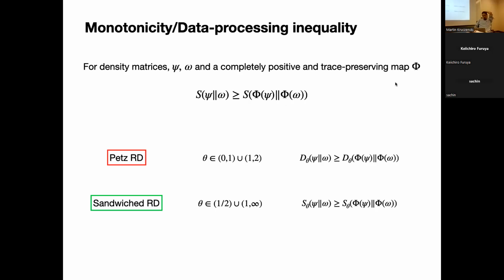Intuitively, after you apply a quantum channel on the density matrices, these states are disturbed a lot. As a result, the two states become less distinguishable, because of the disturbance. This is the meaning of the data processing inequality.